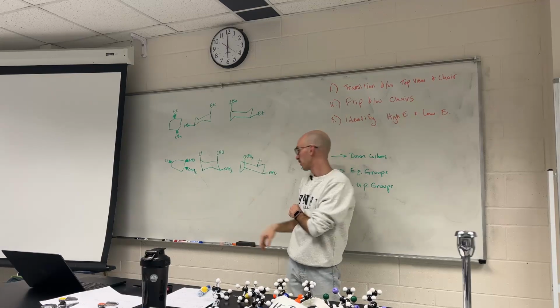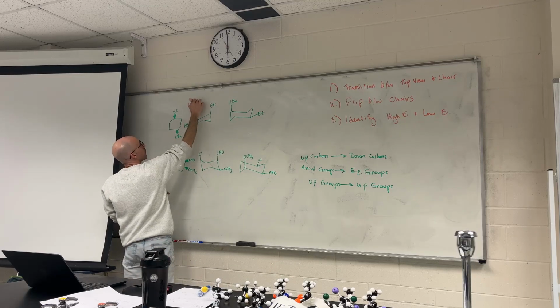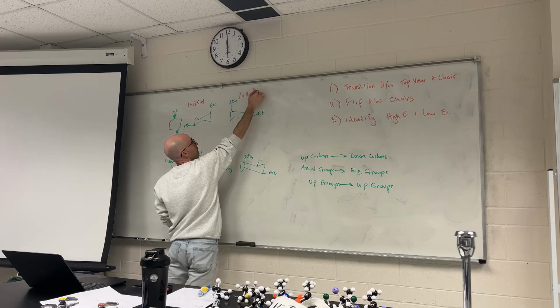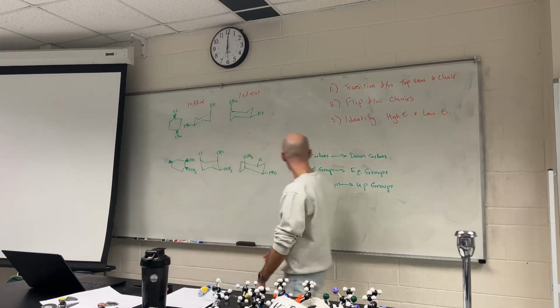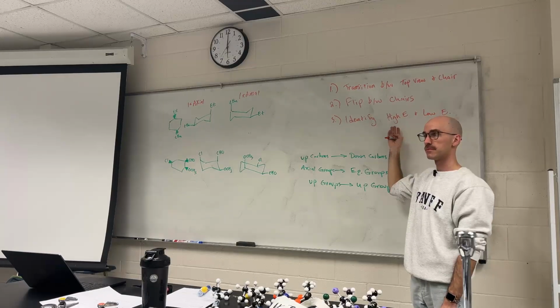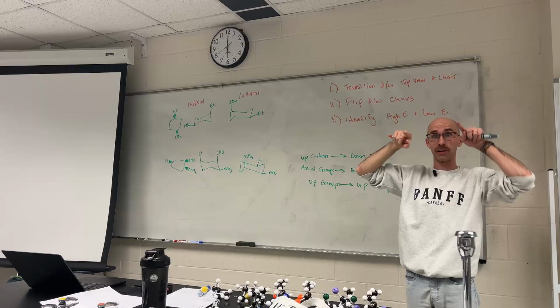So I have 1 axial group, and I have 1 axial group. So which one is higher energy? The one with the more axial groups, right? That's what we decided earlier by looking at Newman projections.